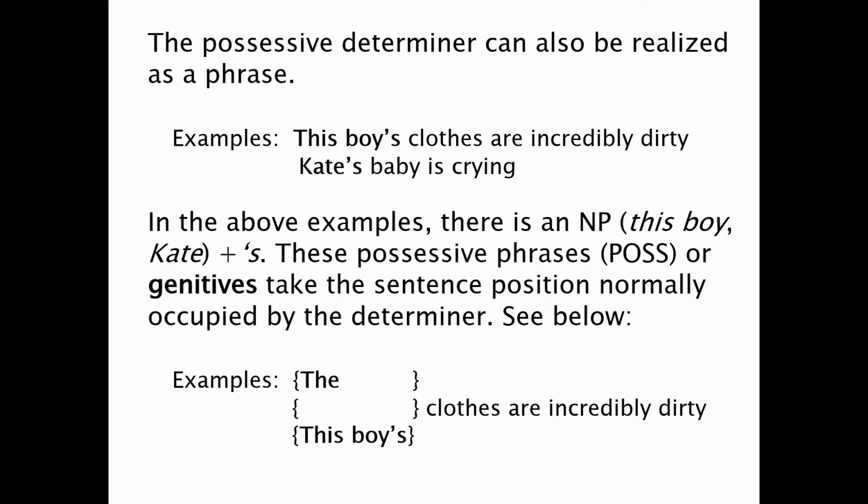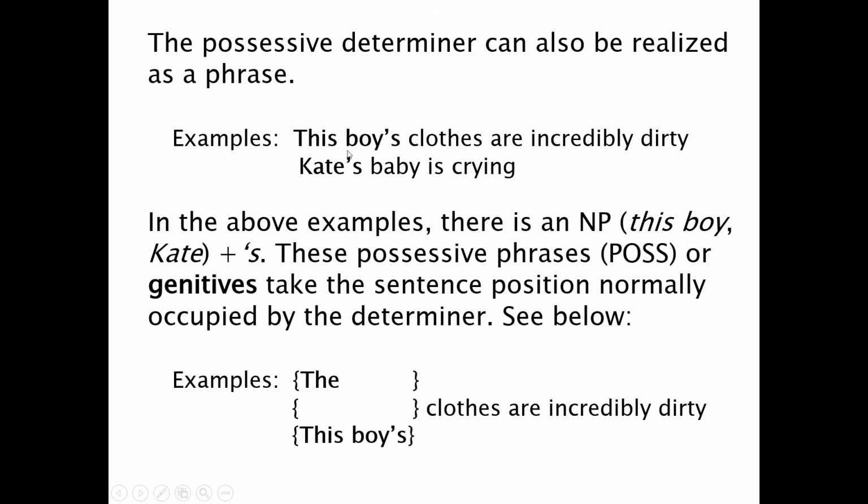The possessive determiner can also be realized as a phrase. This boy's clothes are incredibly dirty. So you can drop this, okay, but you have to make the word remain, I mean boy's. Okay, this boy's clothes are incredibly dirty.